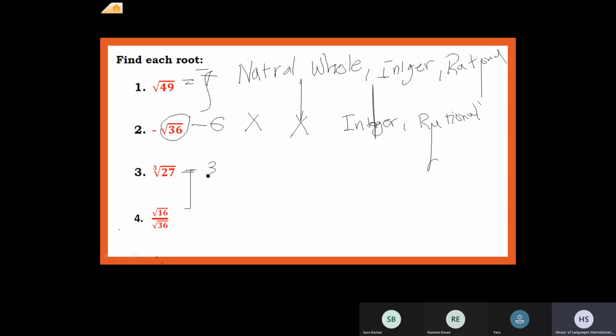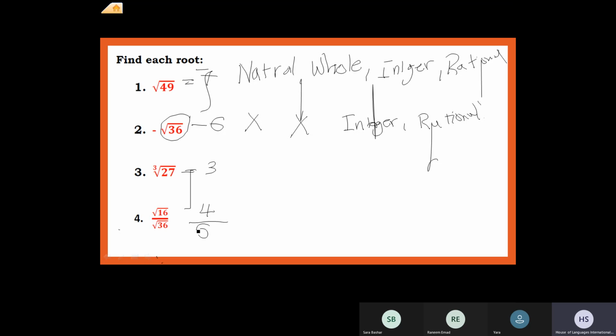Now, stop. Focus on this one here. Square root of 16 over square root of 36. This is very important, okay? What is the square root of 16? 4. And what is the square root of 36? 6. Now, is it natural?